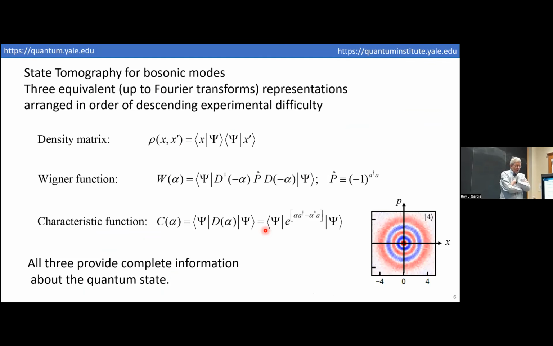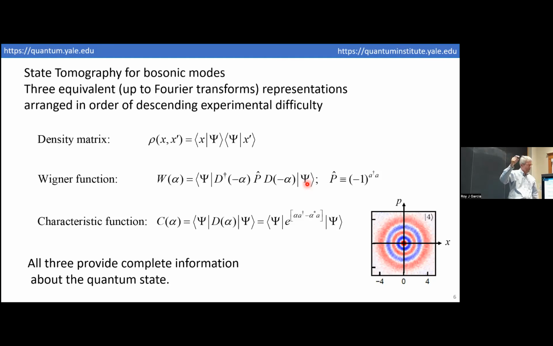So to do state tomography, you need to know the density matrix. That's hard to do directly in these electromagnetic oscillators, which are oscillating 5 to 10 billion times per second. But it turns out to be relatively easy to measure the Wigner function. You take the state, you displace it in phase space. You take a point at the point alpha, which is x plus iP.